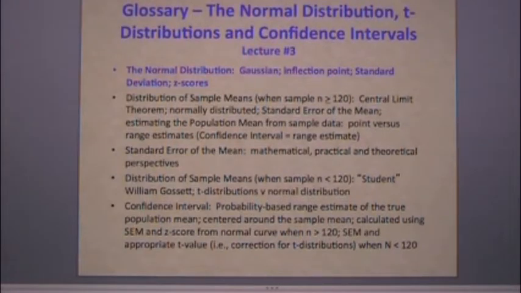And so if you go out 1.96 times the standard error of the mean, you've essentially moved out 1.96 units in standard deviation units on a normal curve. And so now you have the window, which is your 95% confidence interval.